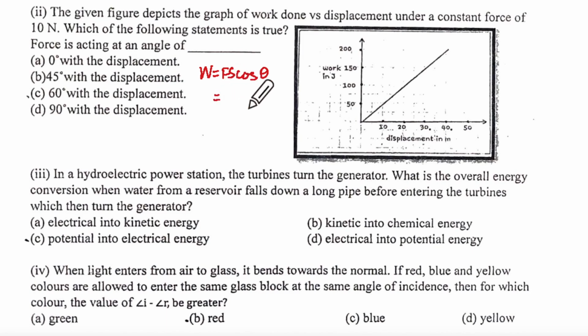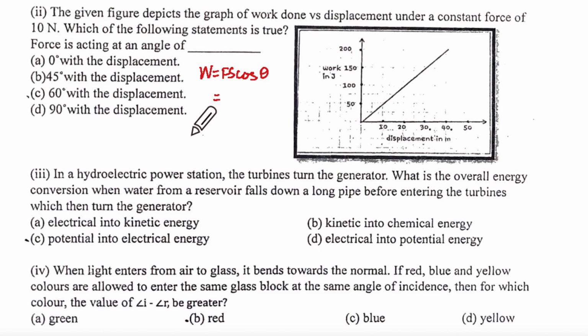They are telling you it is a constant force, so the slope is constant, right? 0 degrees with displacement, because cos 0 is 1.